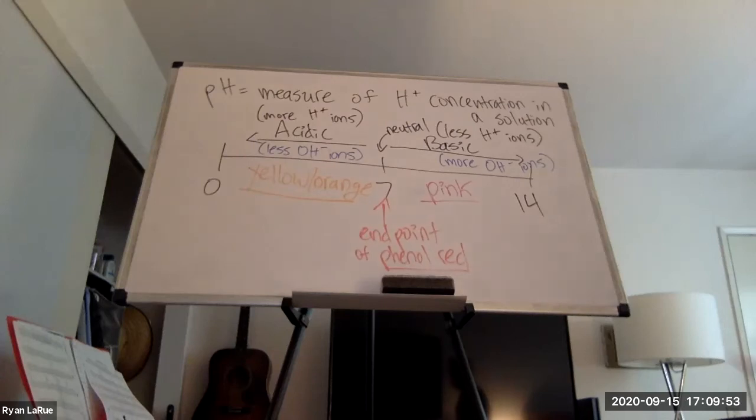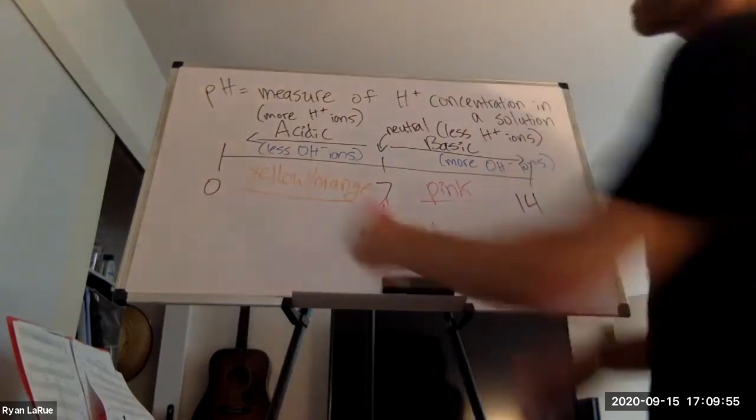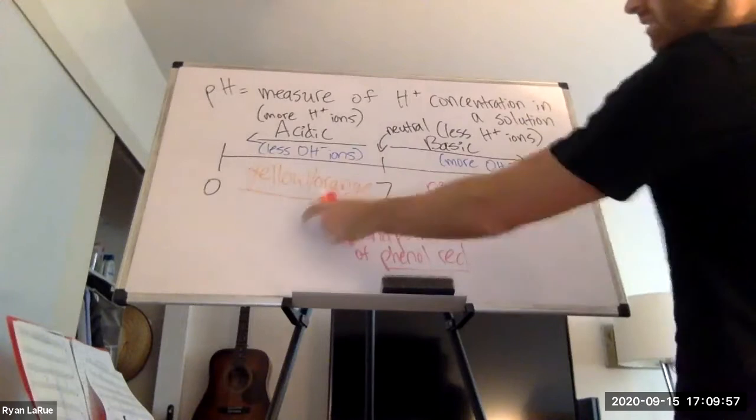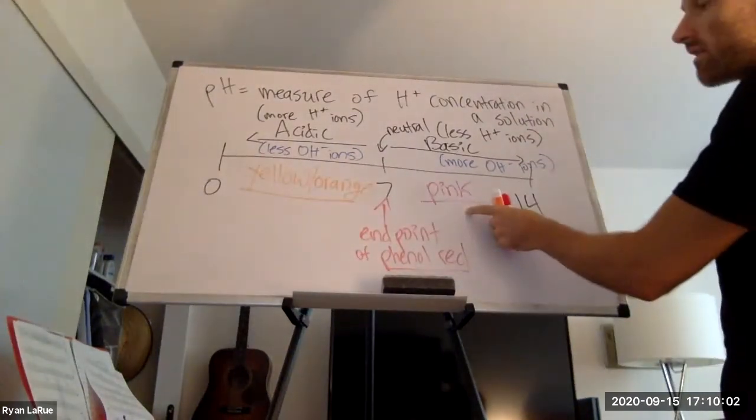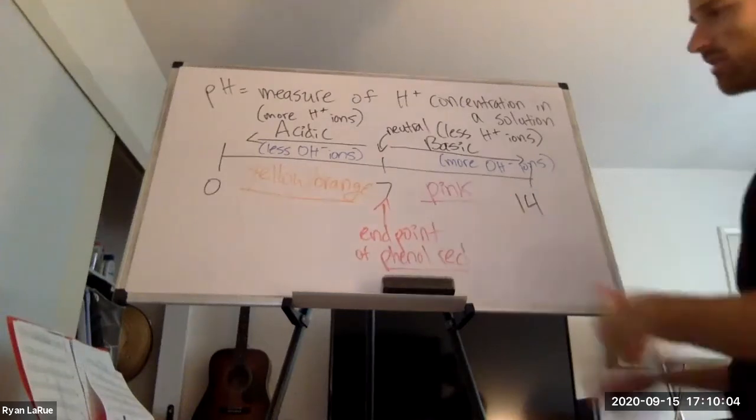So again, if we're looking at an acid with phenol red, it's going to look yellow-orange. If we're looking at a base with phenol red, it has a pink color.